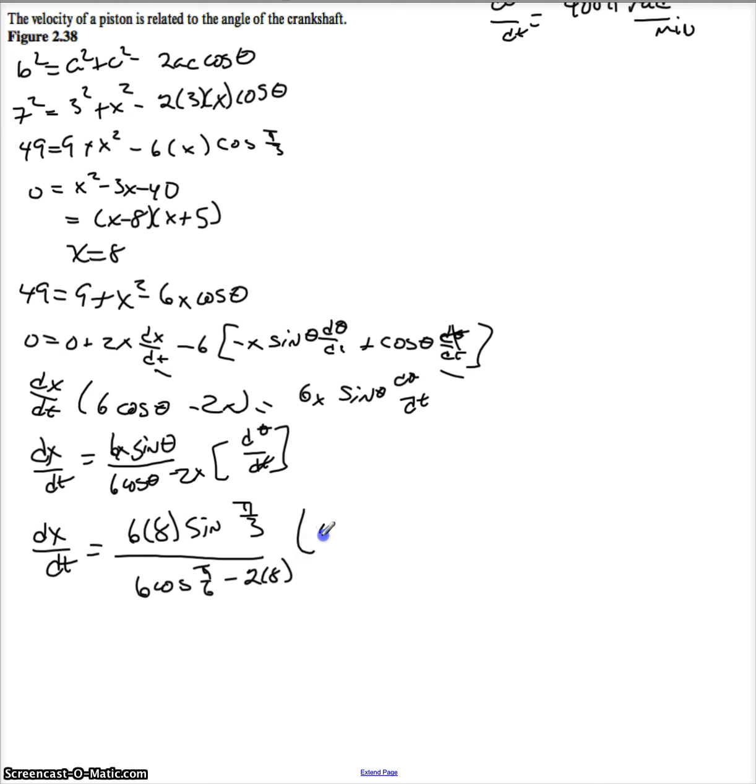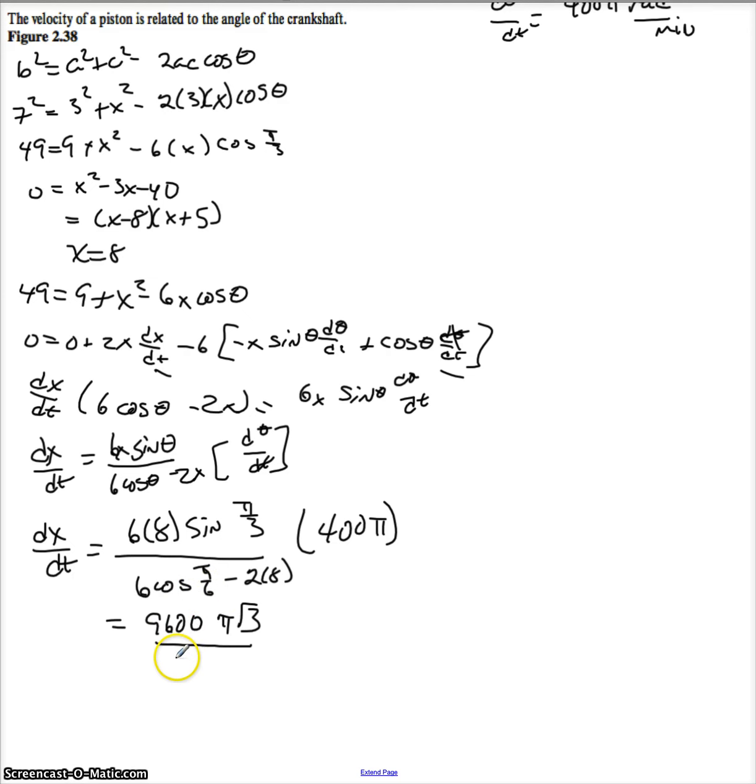And I know d theta/dt is 400 pi because I just did that. So this whole mess is going to be, let's see, sine of pi over 3 is square root of 3 over 2, so 6 times 8, this is 9,600 pi square root of 3 divided by 6 cosine pi over 3.